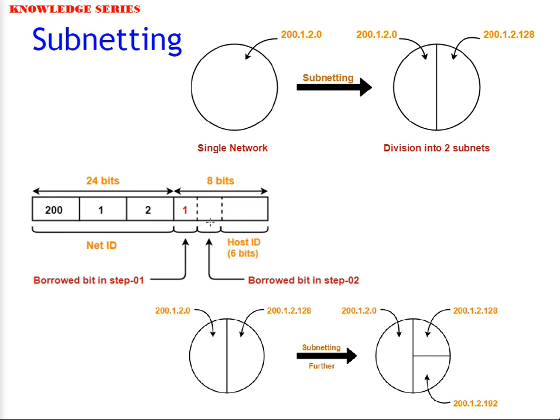Out of this 8-bit host ID, 6 bits remain, so 2 to the power of 6, that is 64 different combinations, you are able to create. So you start from 0, 64, 128, 192. You are having all the 64 combinations across this particular case with respect to the host ID bits.